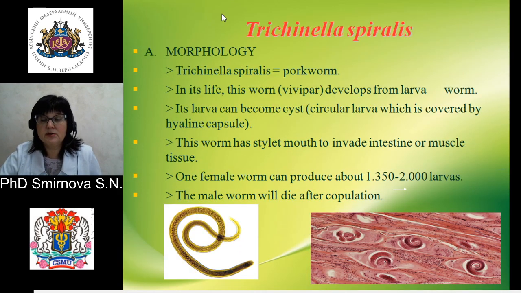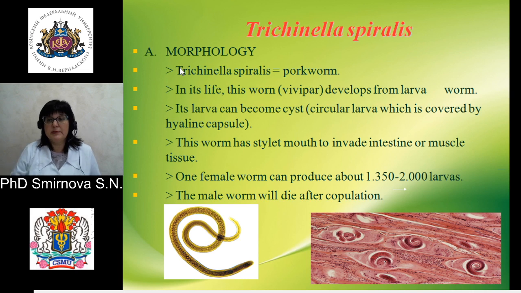The next parasite which doesn't develop in the soil is Trichinella spiralis. This parasite has another name, pork worm. In the life cycle of these parasites, 1, 2 or more hosts can be present, and we cannot divide these hosts into final host or intermediate host.